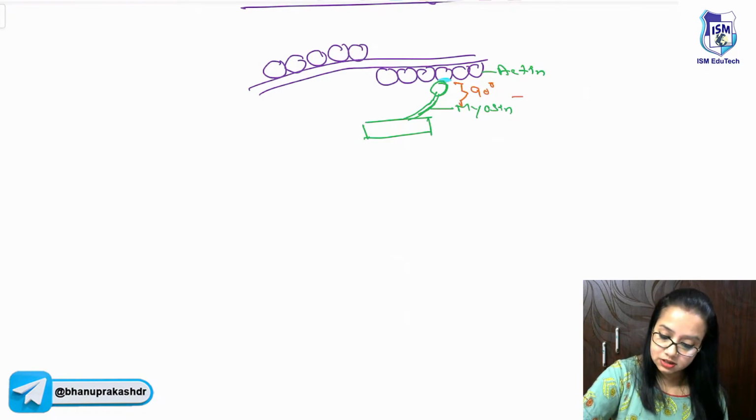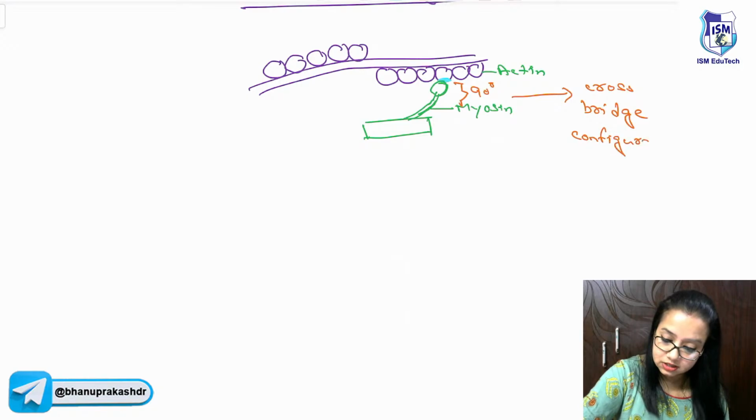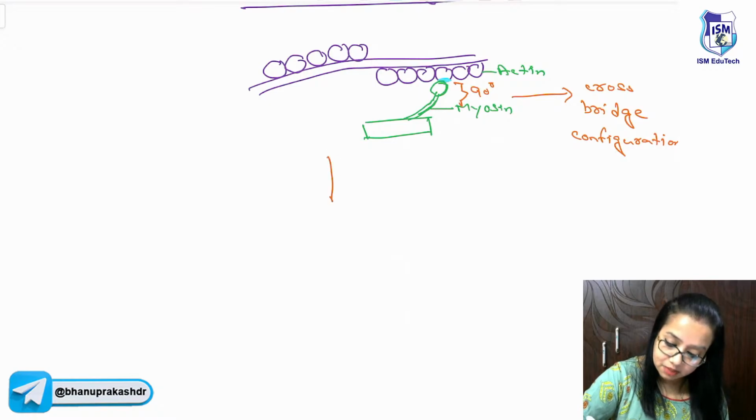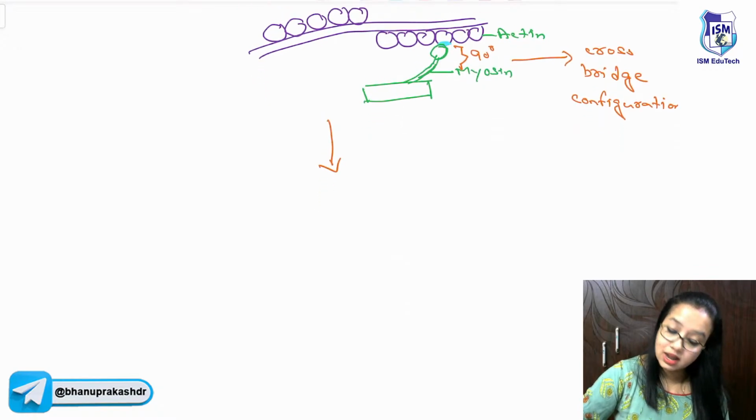Now this configuration is also called the cross bridge configuration.